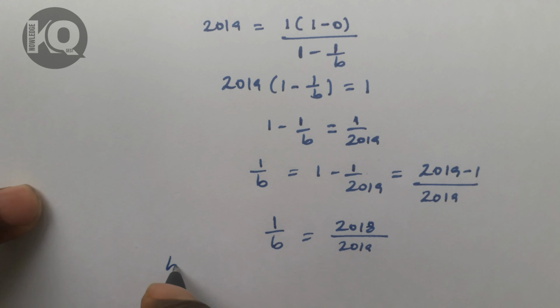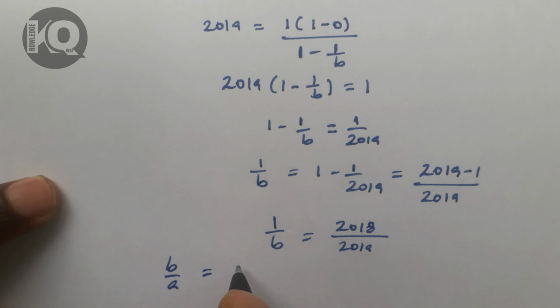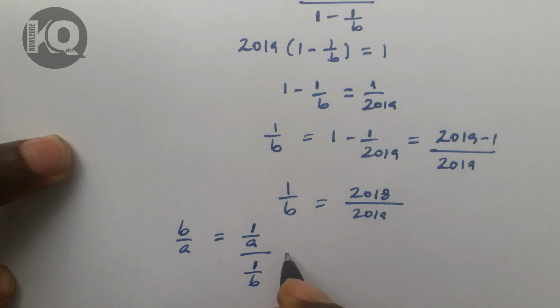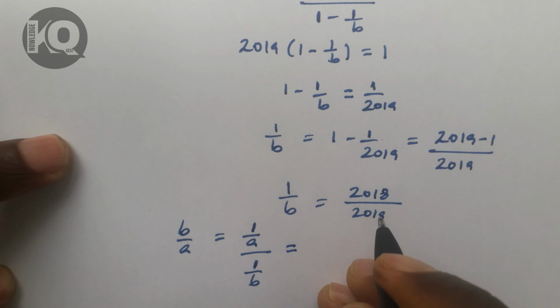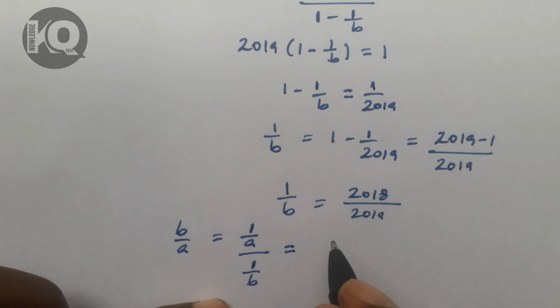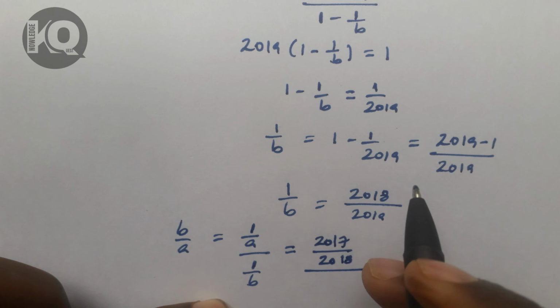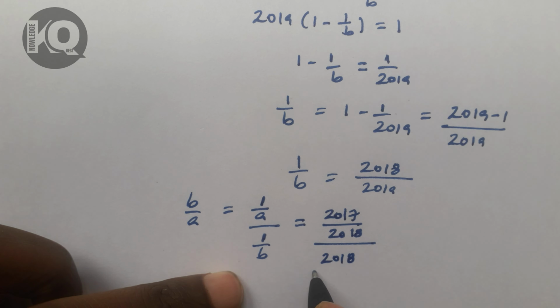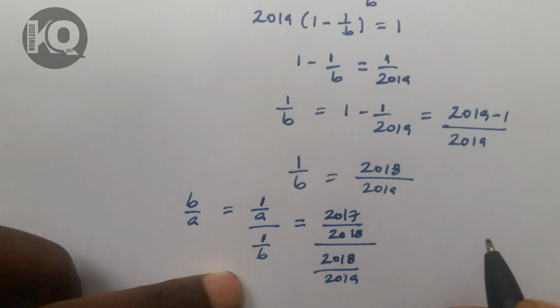Now we are asked to find the value of b over a. So b over a is equal to 1 over a divided by 1 over b. 1 over a is 2017 divided by 2018, and 1 over b is equal to 2018 divided by 2019.